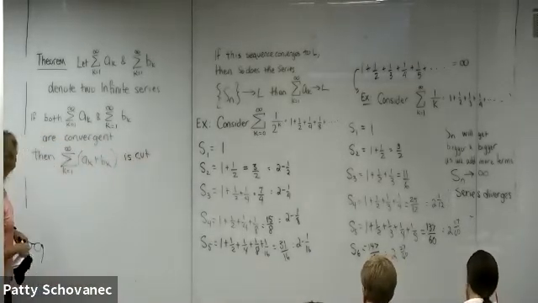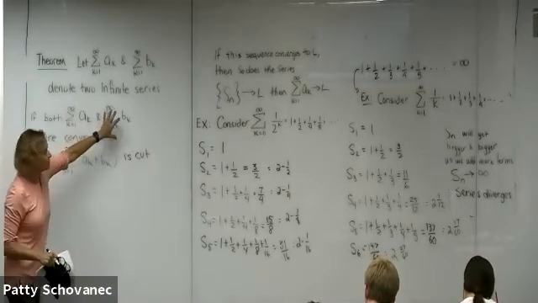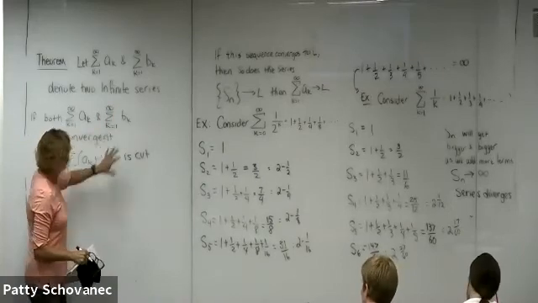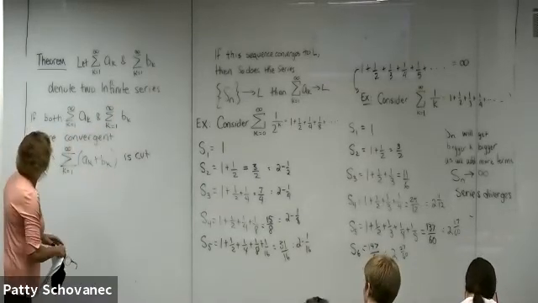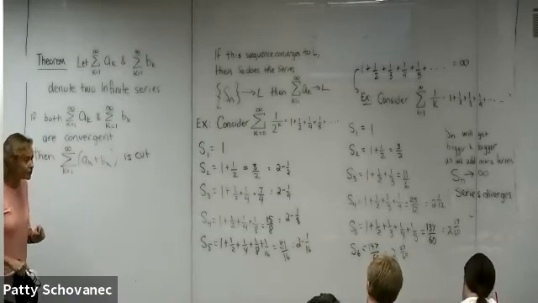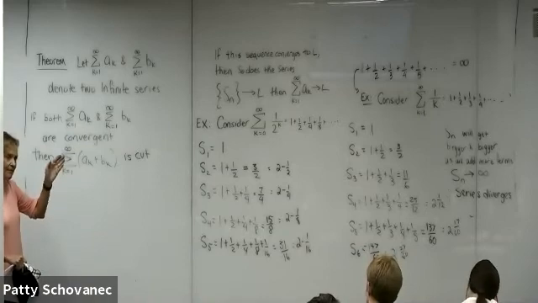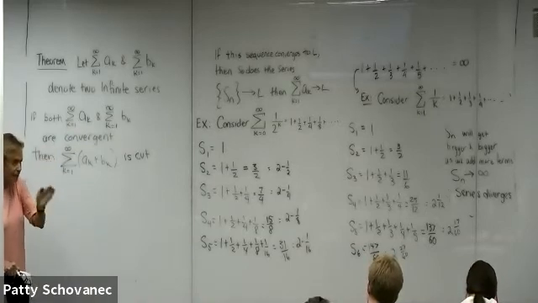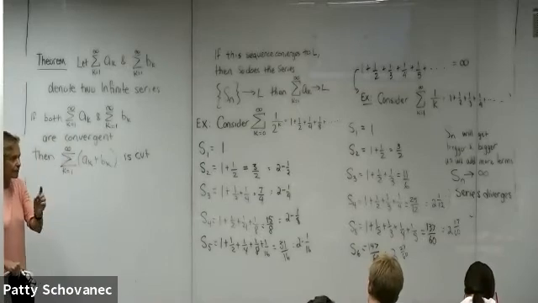If this converges to a sum of S, and this converges to a sum of M, then this converges to a sum of S plus M. On the other hand, if any one of the two is divergent and I put them together like this, a divergent plus a divergent is divergent, and a convergent plus a divergent is divergent.